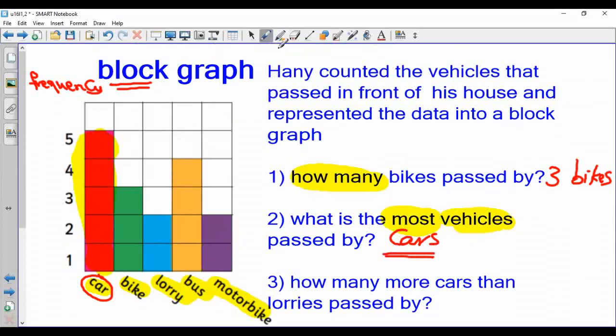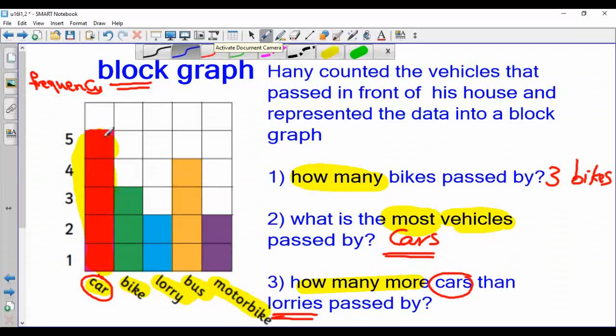Okay. How many more? I learned that how many more means difference, and I can find the difference using subtraction. How many more cars than lorries passed by? So I'm comparing between two things. Cars, which is 5, lorries, which is 2.